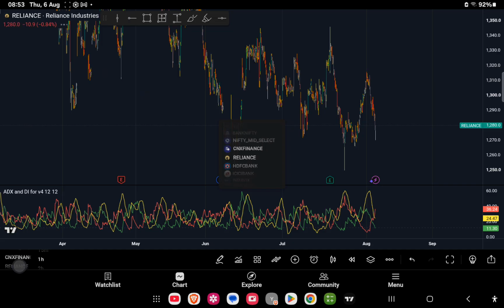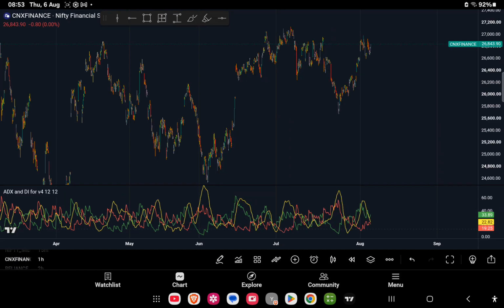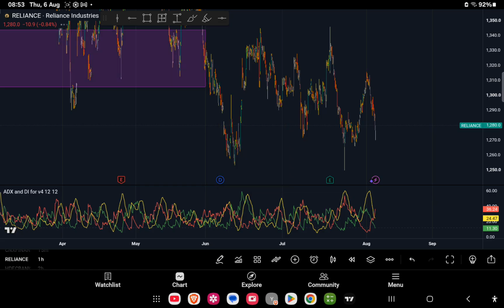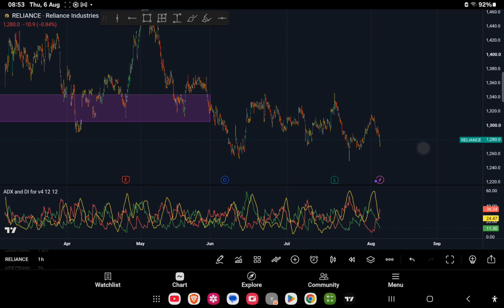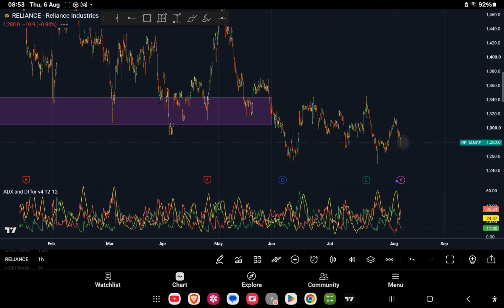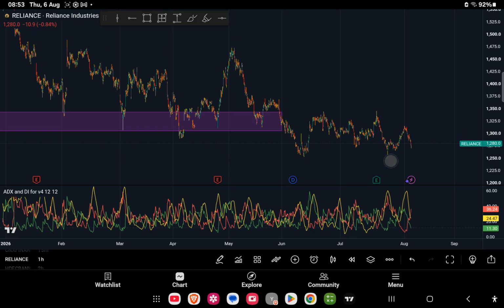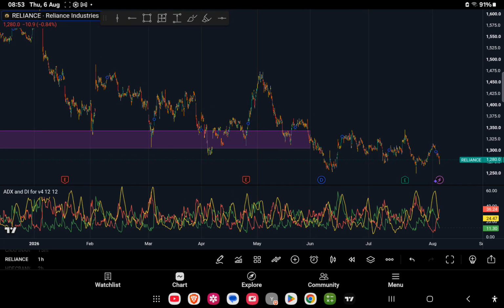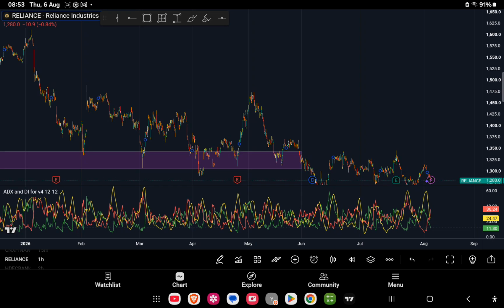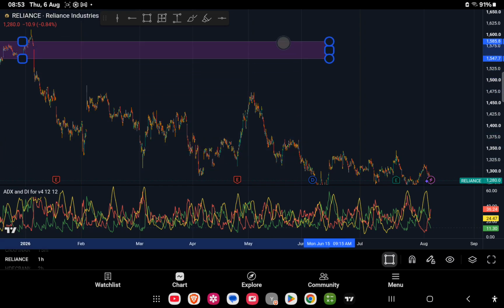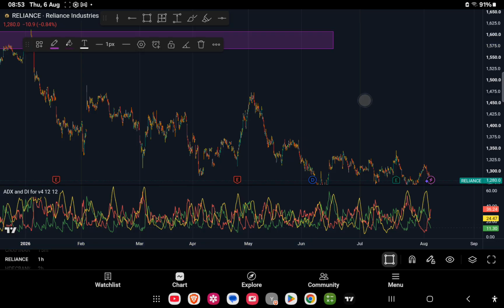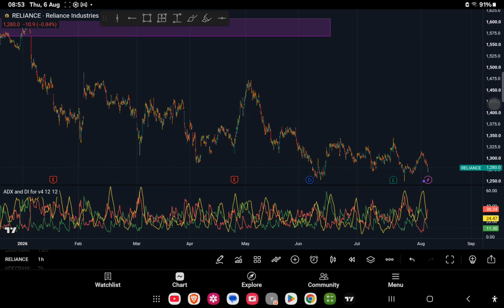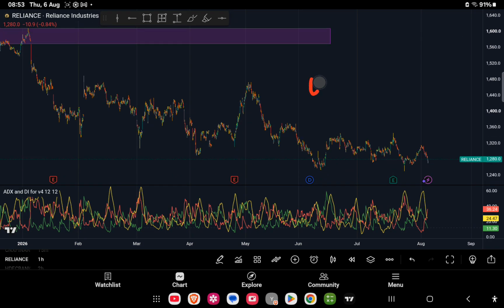Now we'll take Reliance. This is the Reliance position, and you could clearly see when you compare this month exactly from the war. Let's take this zone for 2026 resistance, and you could see it's in a downtrend, because whenever there is war, there is a conflict in oil and crude oil.